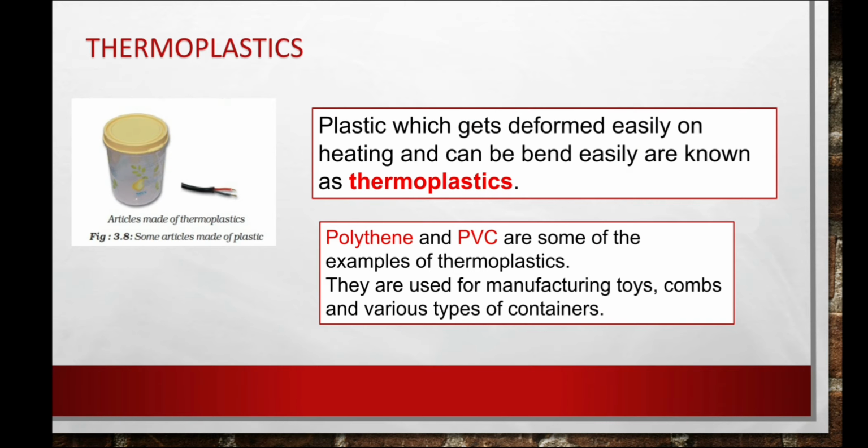So a question arises: how can we use plastic for making handles of pressure cookers and iron boxes?